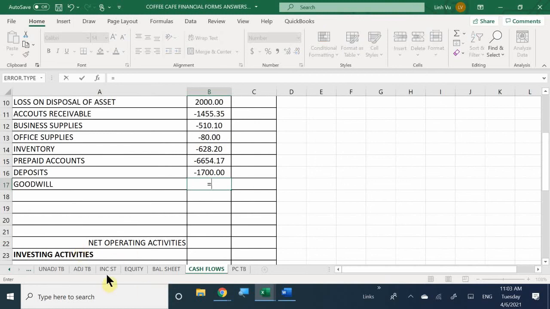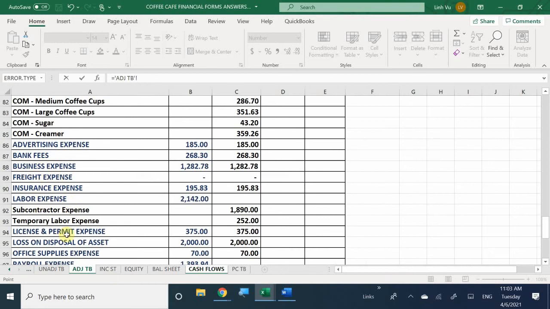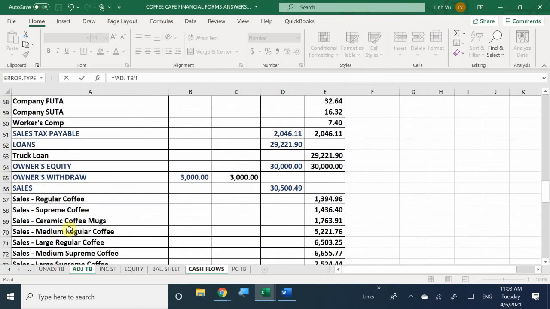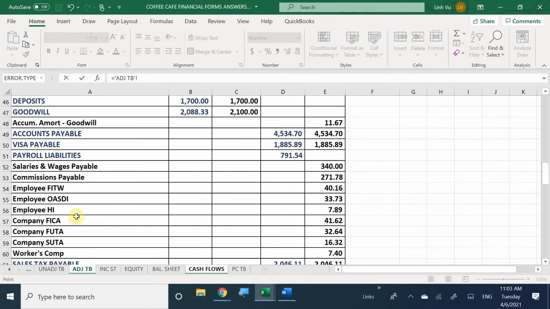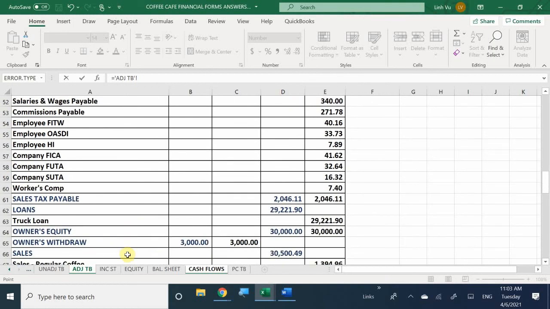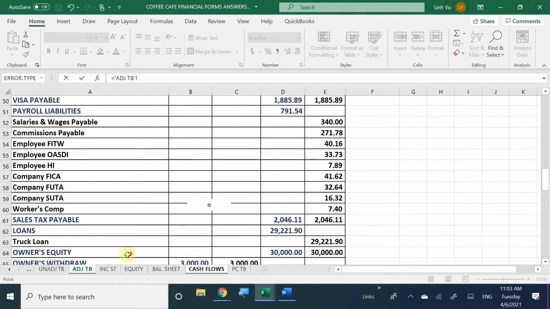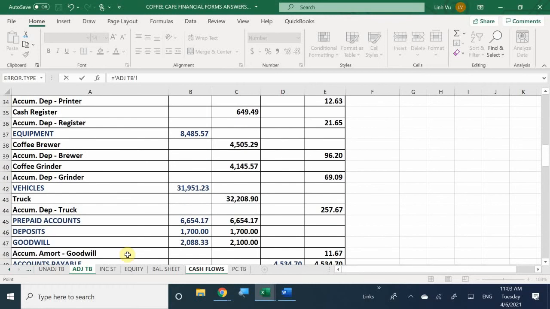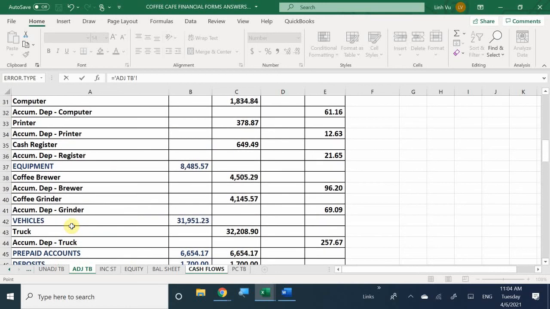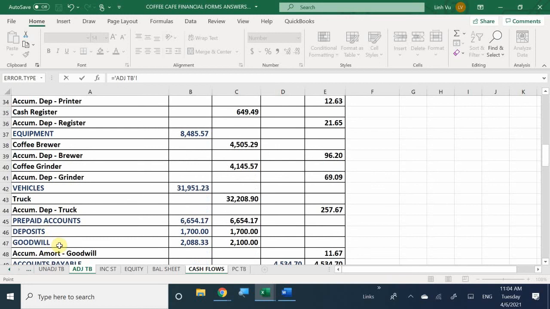So I'm going to go to my adjusted trial balance once again, and I'm going to locate my goodwill because I already added back the amortization, right? If I were to add this 2,888, that's going to reflect my amortization, and it's also going to double up on that. Remember, we added back the amortization on this.